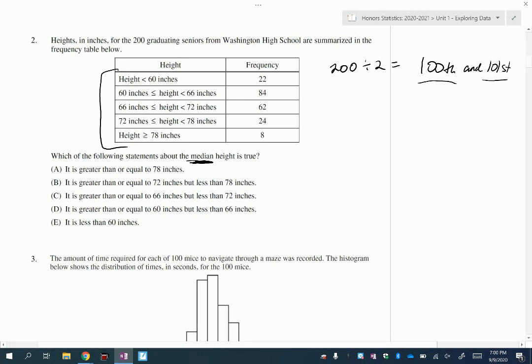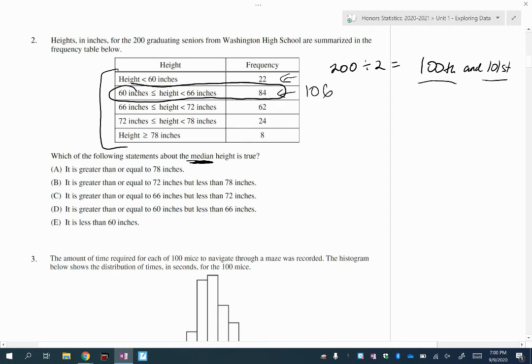So if I look at my frequency, height below 60 inches is 22. So I have not hit 100 and 101 yet. But when I go to the next one, 84, 22 plus 84 is going to be 106. So I've already gone past 100 and 101. So my 100th and 101st data values are in this bin.